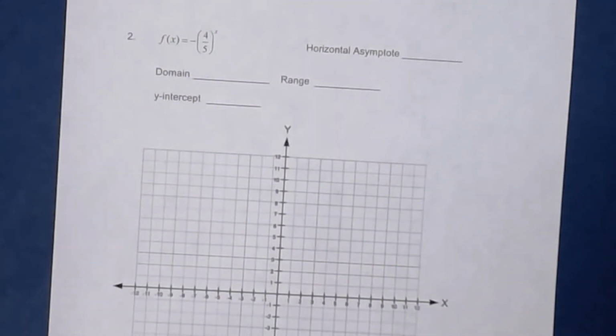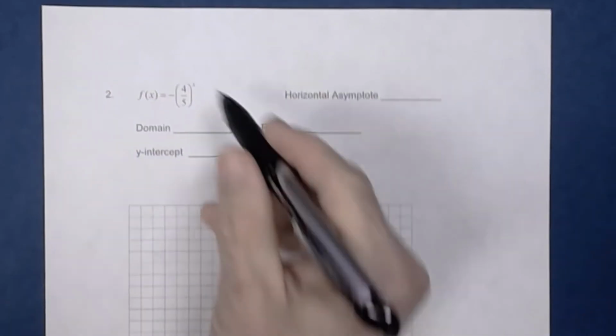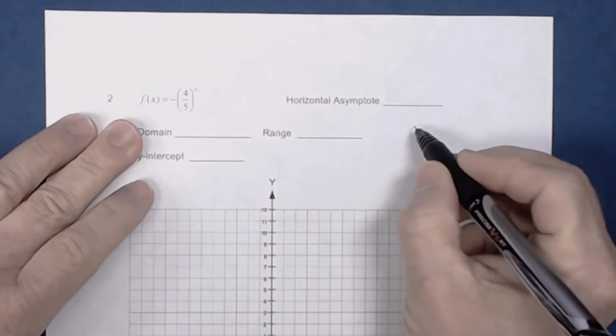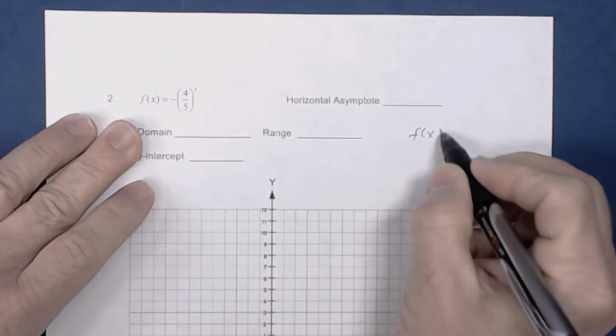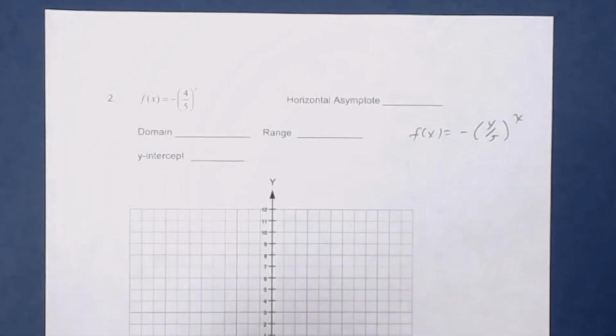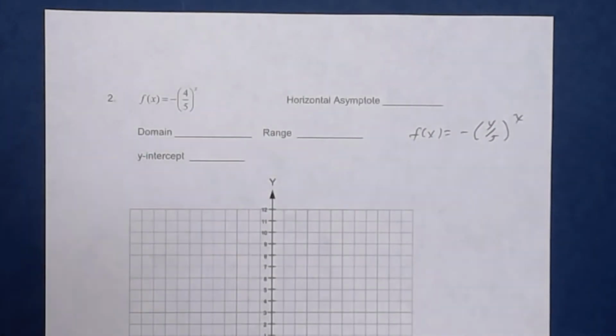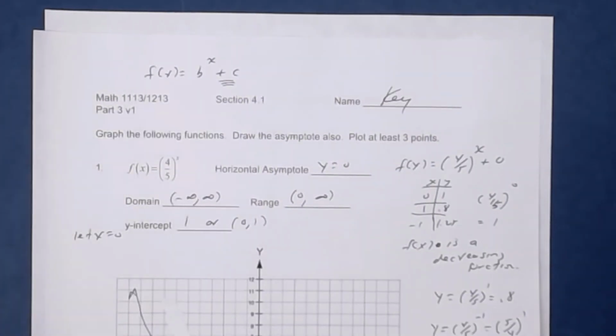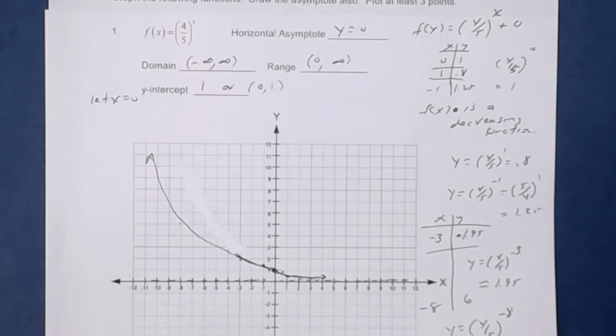All right, so remember our function is this. Let me go ahead and write it a little bit better. Our function is f of x equals negative 4/5 to the x. So I know what 4/5 to the x looks like. That's this, right?